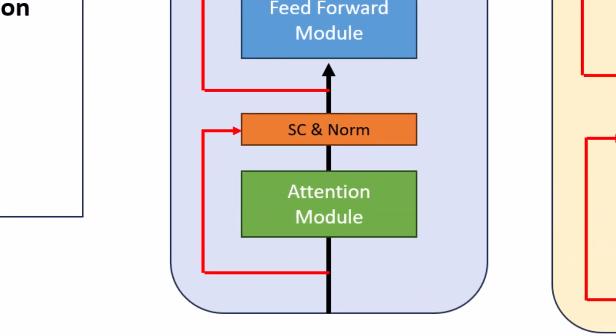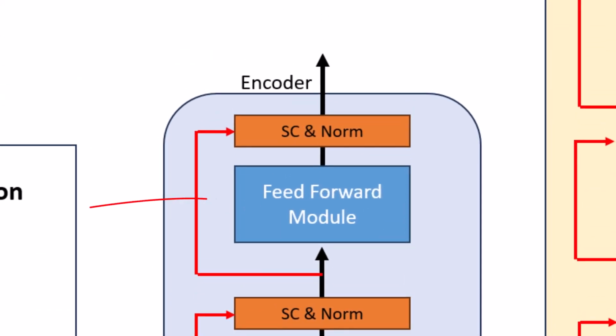In the case of the residual connection, when the encoder processes an input token, it first goes through the self-attention mechanism where it interacts with other tokens. The output of this self-attention, added to the original input token, meaning the residual connection, then goes through the feed-forward neural network.